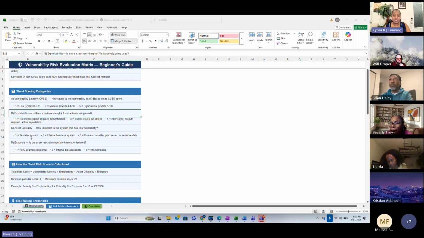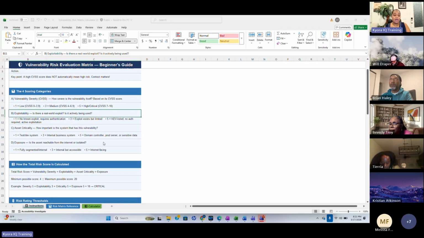It was a test system that never had any real value other than testing. However, the risk increases if it's an internal business system, a domain controller, a prod server, or holds sensitive data.